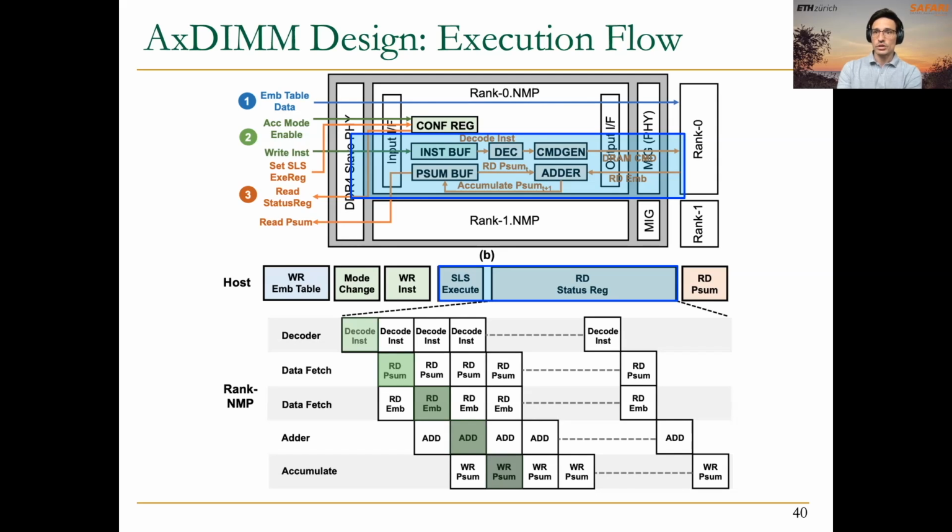And these operations happen in consecutive cycles, but in reality, it's possible to access at the same time the contents of the PSAM buffer and the embedding tables that reside in the memory rank.